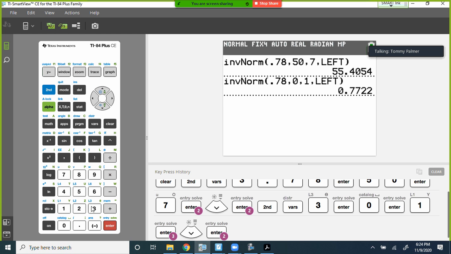So it would give you the z-score if you use the 0 and 1. It'll give you your x value if you use the 50 and the 7, the real mean and standard deviation of the problem. It works both ways, because what if it didn't give you the standard deviation nor the mean? You could still find the z-score and still calculate it by hand, correct? So that's it.